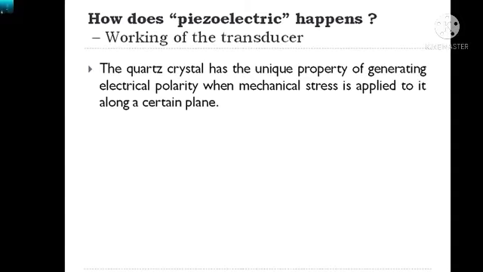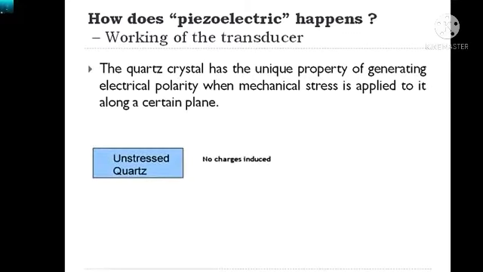This is called electrical polarization. Hence, this quartz crystal creates this electrical polarization on its sides whenever mechanical stress is applied. Because of this, one side of the crystal becomes positively charged and the other side becomes negatively charged.